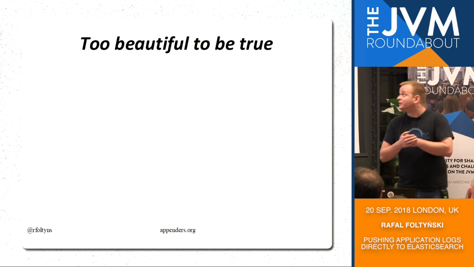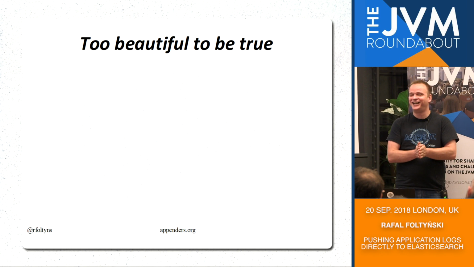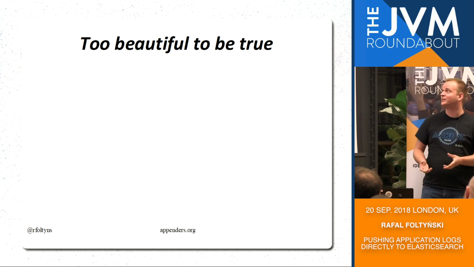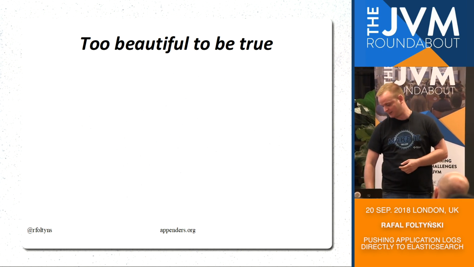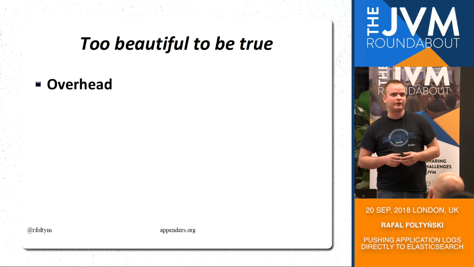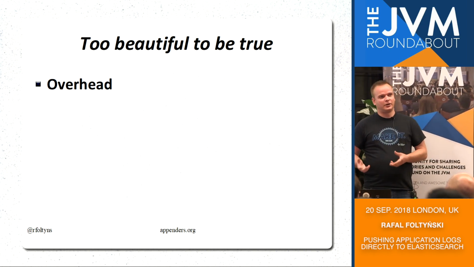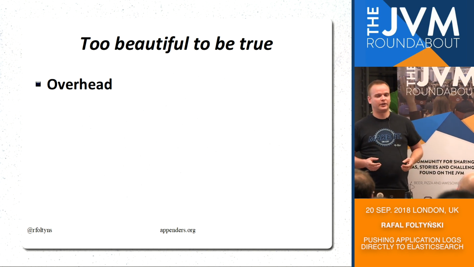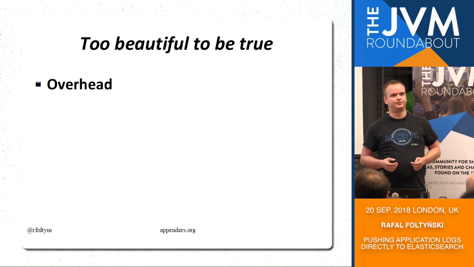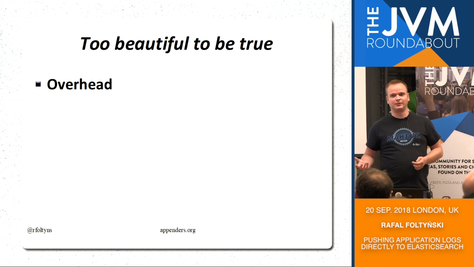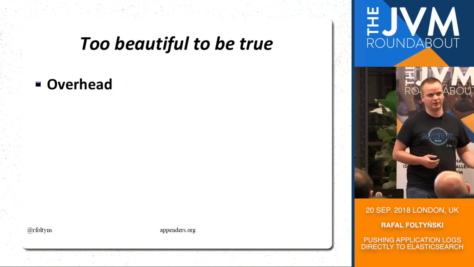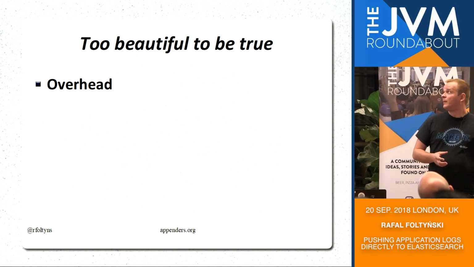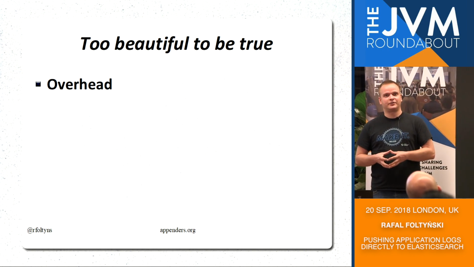So it all sounds too beautiful to be true, and usage of this plugin has some drawbacks. The first drawback is the overhead, because all the resources, time, CPU cycles and memory that were utilized in some Logstash aggregator or by Filebeat are now moved inside your application.